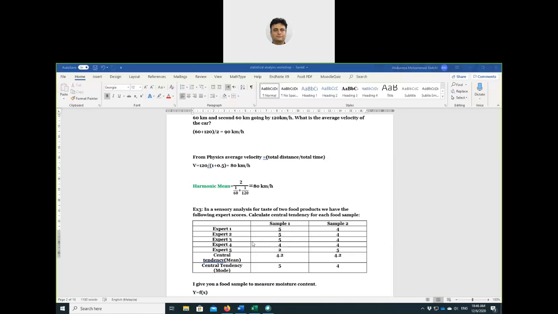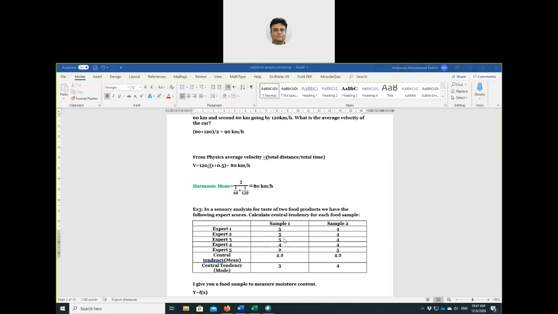Sometimes in a measurement by equipment or by method, if you get data between 3 and 5, you can easily ignore it. But here you cannot ignore it, because this is the real data, and one expert really doesn't like your sample.